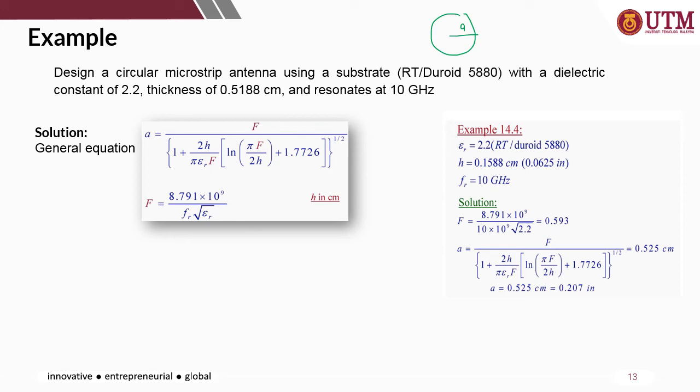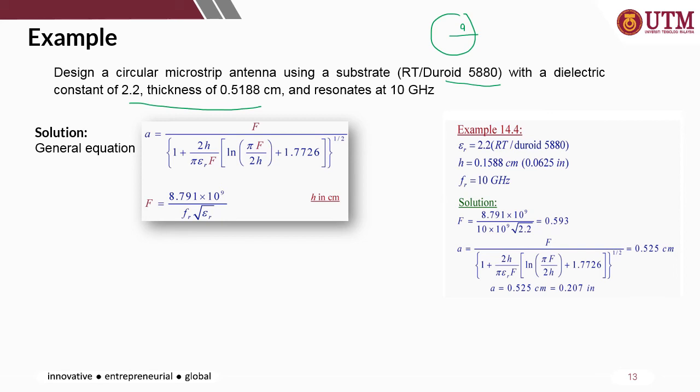Design a circular microstrip antenna using a substrate RT Duroid 5880 with a dielectric constant of 2.2 and thickness of 0.5188 cm, resonating at 10 GHz. This is the standard value for the dielectric constant and thickness of RT Duroid 5880. To solve this, the first thing is to have the general equation in hand.